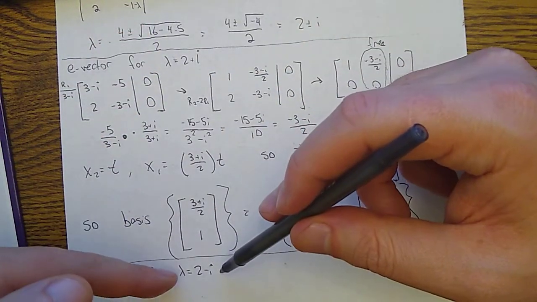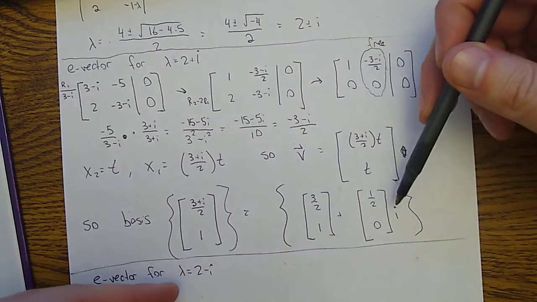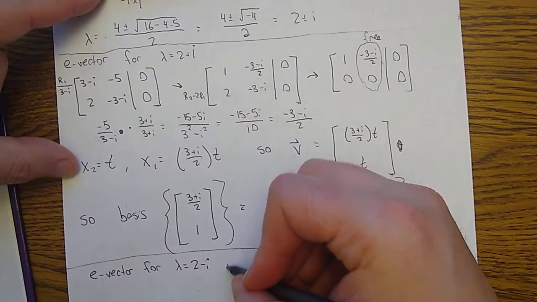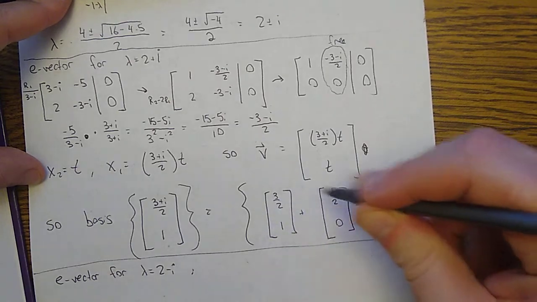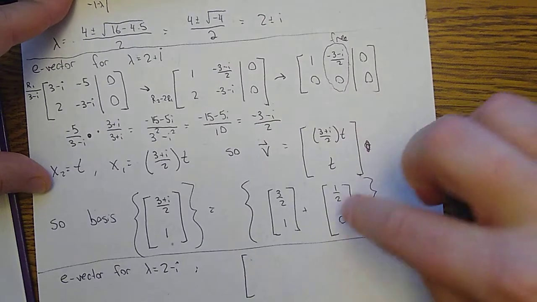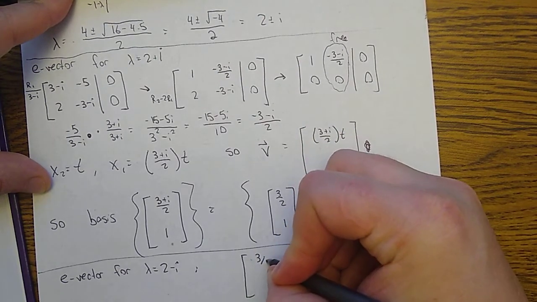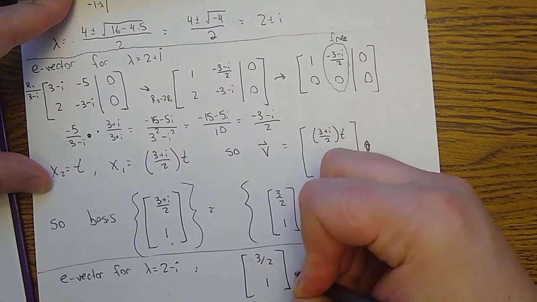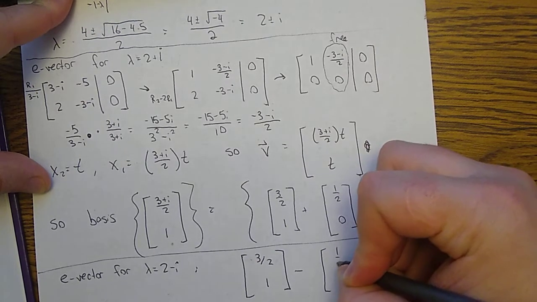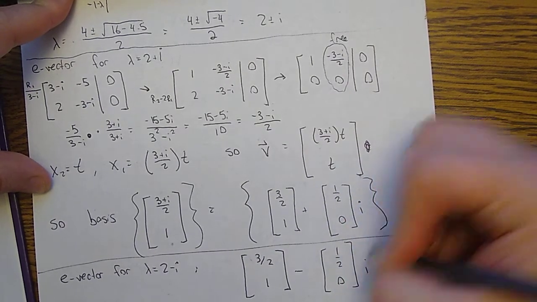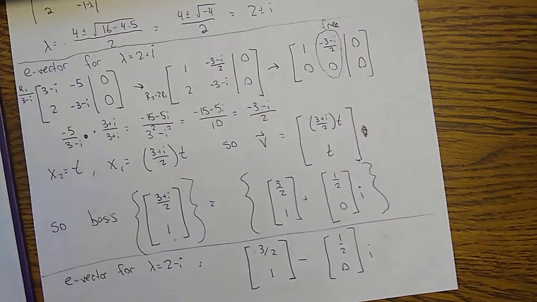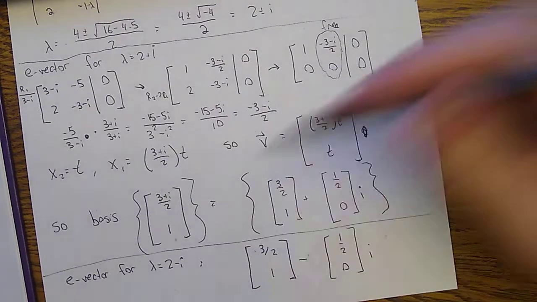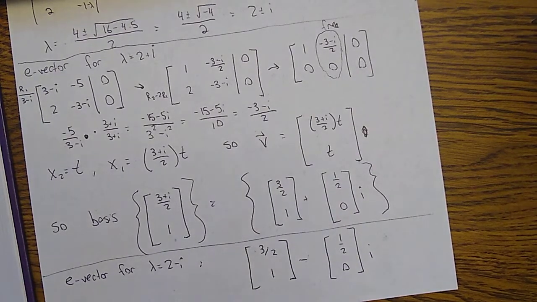Now the eigenvectors for the conjugate of that are just going to be the conjugate of this vector. So I can use the conjugate of this vector, conjugate meaning I just switch this plus to a minus. That's my eigenvector for 2 minus i. It always works that way.